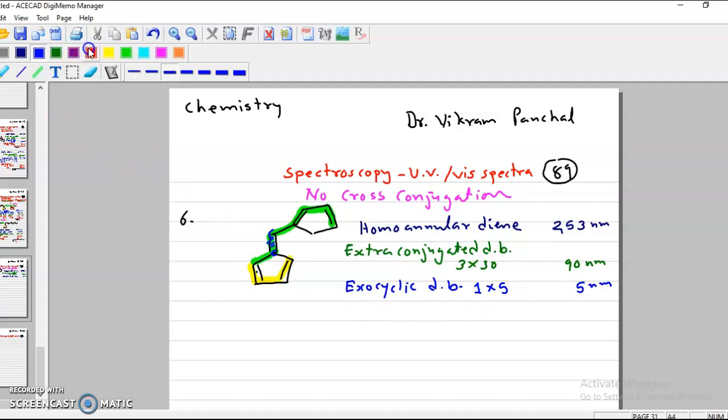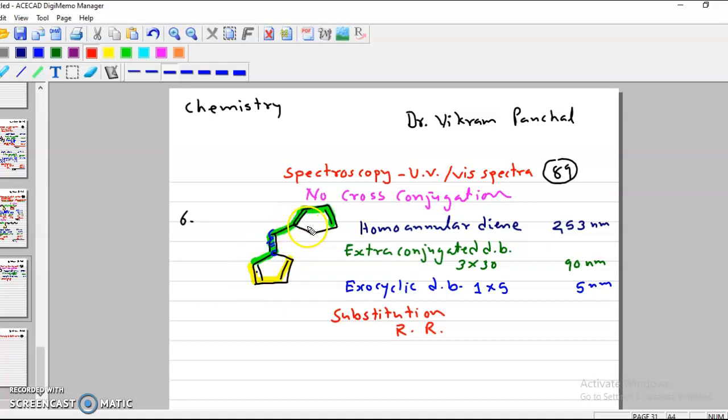Okay, next is ring substitution, ring residue or substitution. In this case, ring residues. Here we start from here. We can't consider this as a ring residue because this carbon is a part of the system. So we go ahead with this one. Now all carbons are part of the system.